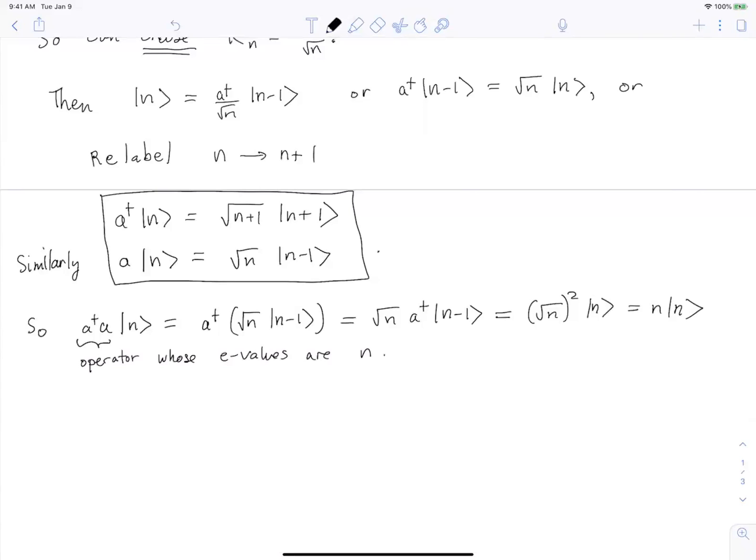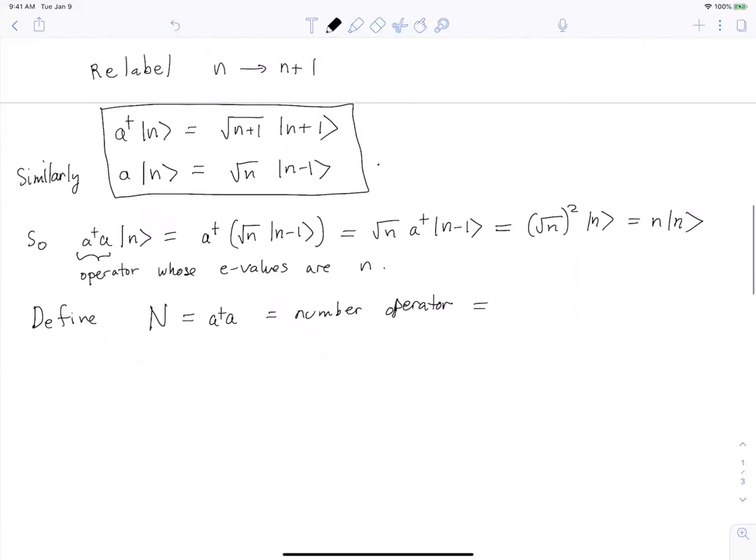And so that's called the number operator. Just as a bit of terminology, capital N is equal to a dagger a, the number operator. And because it's a Hermitian operator, what it's measuring is the number of energy quanta.